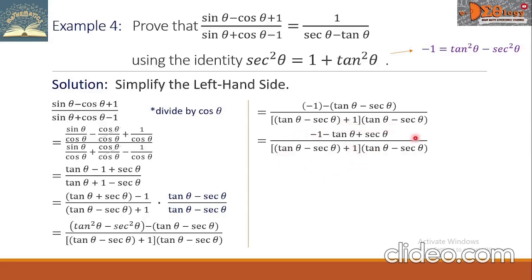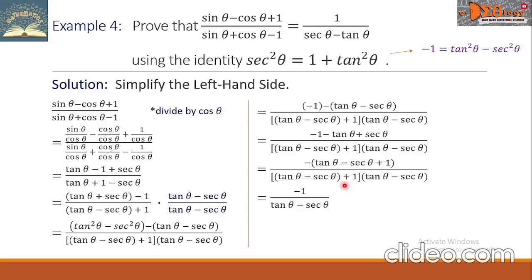Next thing to do, let us manipulate our numerator. Let us rewrite this as the negative of the group tangent theta minus secant theta plus 1. From here, we can see that this value here is the same as the trinomial in the denominator that we can cancel. When we do that, it becomes negative 1 over tangent theta minus secant theta.